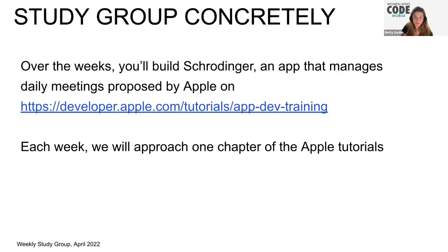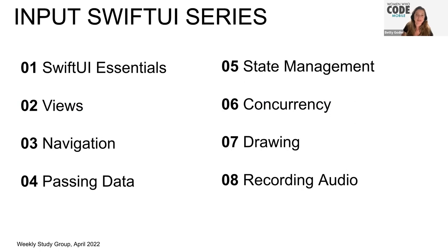Concretely, we will build an application called Schrödinger, and the input of this SwiftUI series is there. We are at the third one, navigation.